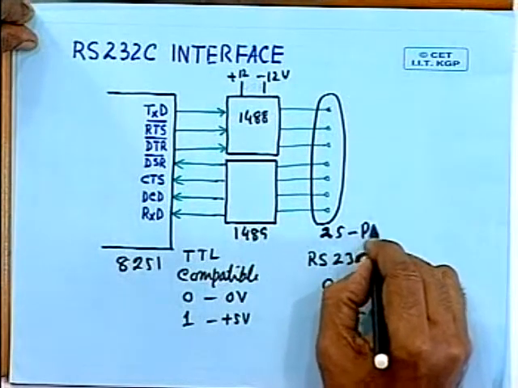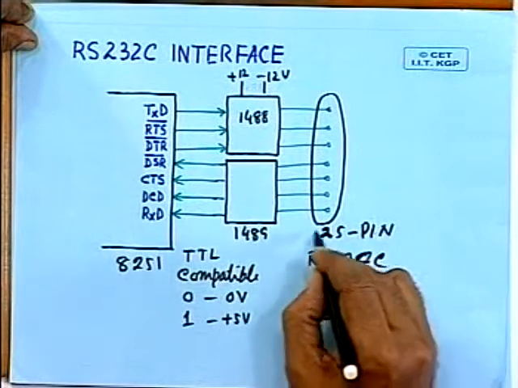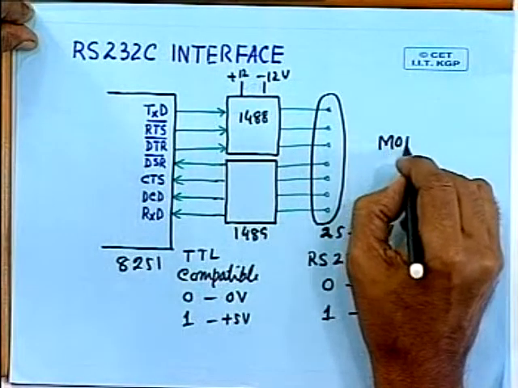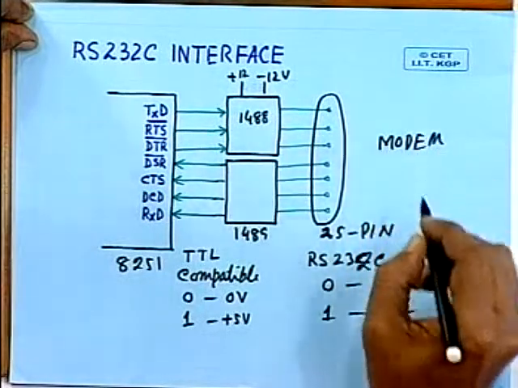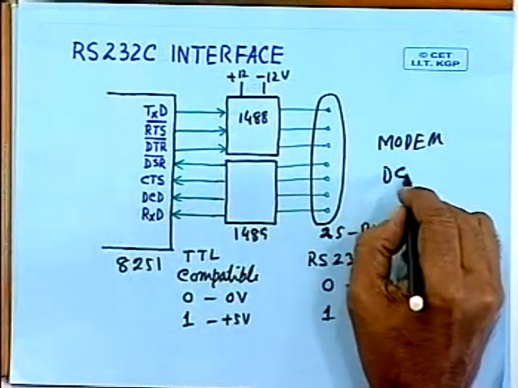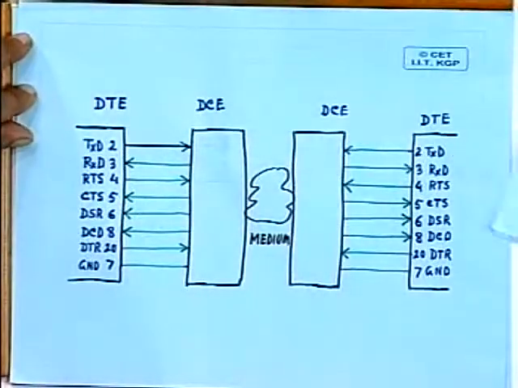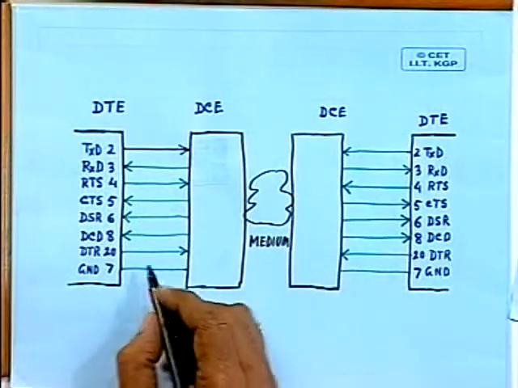This is the 25 pin connector of RS-232C, and this side now it can be connected to a modem, or as we call it, the DCE. So we have seen how you can use the RS-232C.